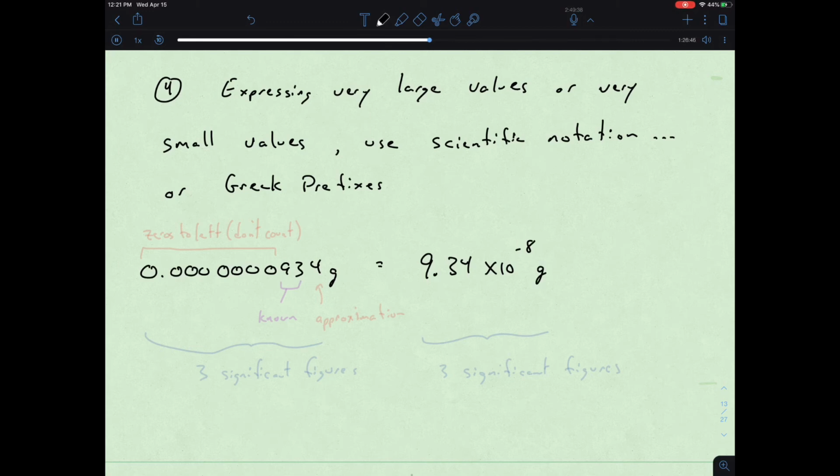All of these are zeros to the left, and as a result of that, they don't count.